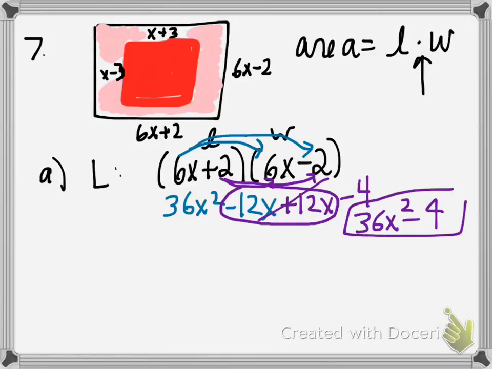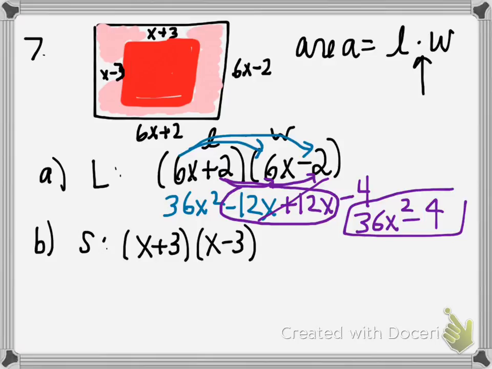So for part B, we're doing the exact same thing, except it says to write the area of the smaller. So the smaller would be the red rectangle. So I'm going to say the length is x plus 3 and the width is x minus 3.